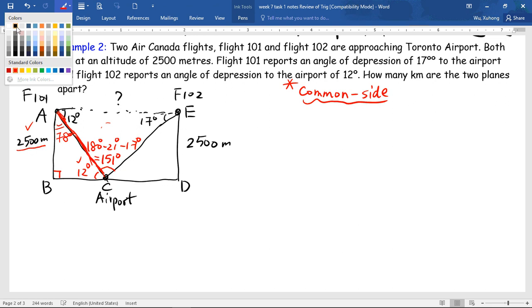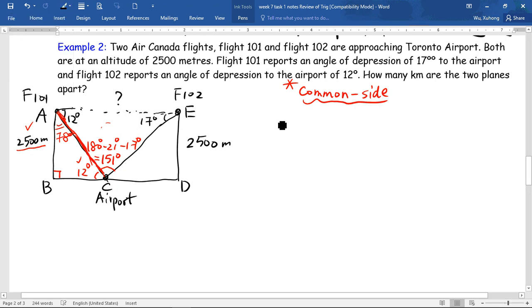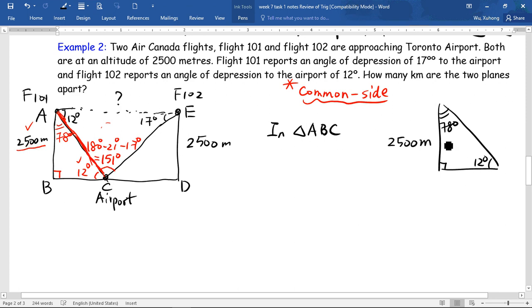So what we are going to do is, in triangle ABC, we get this triangle out first. This is 12 degrees, this is 78 degrees, this is 2500 meters. And in this triangle, we want to find the common side with the next triangle. So we want to find this side. This is 90 degrees, so we could use SOH-CAH-TOA.